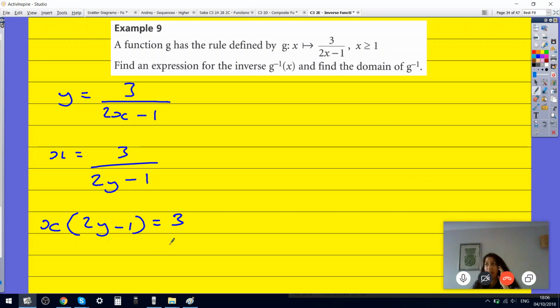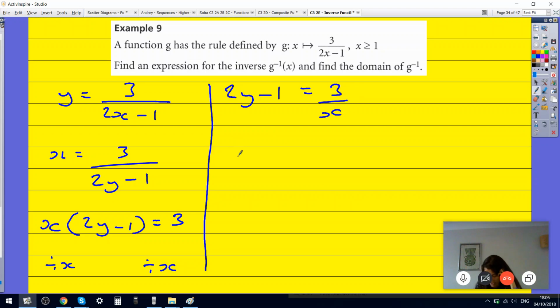It's inside a bracket. What can you get rid of first? Can we divide by x? Yeah. 2y minus 1 equals 3 over x.